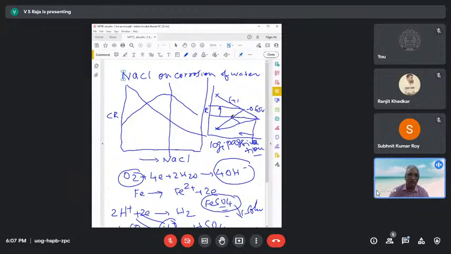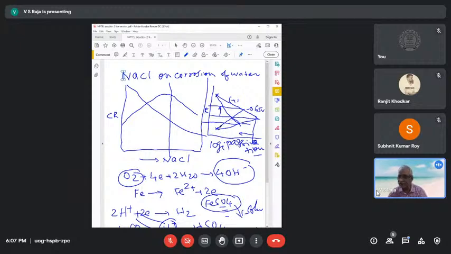Similarly, I can also reduce the cathodic reaction like this. Now what happens? Look at this. The corrosion rate is again decreased from here to this. But what happened to the corrosion potential? The corrosion potential has decreased from this point to this point here. So this is what really happens in this case. If it is a mixed inhibitor, it is very interesting. Please draw.